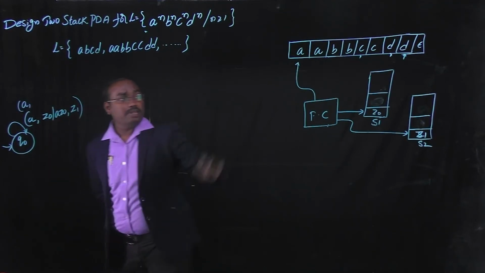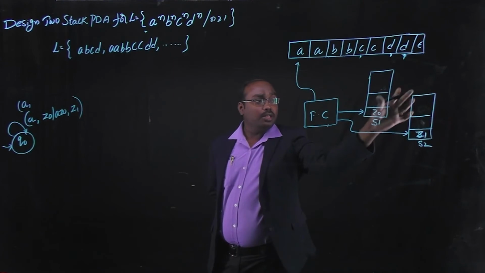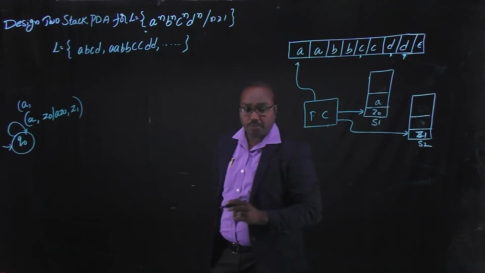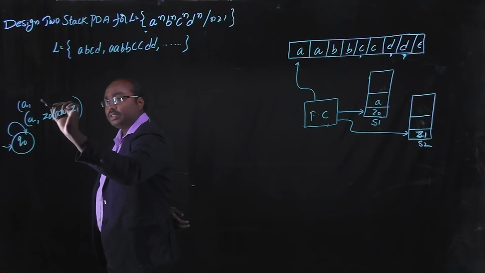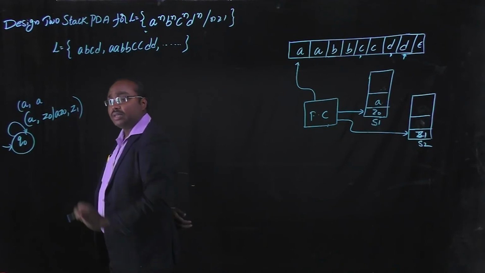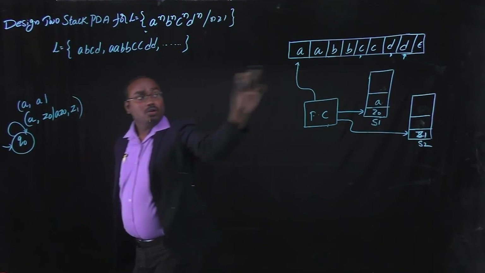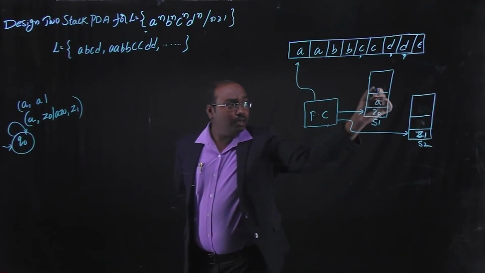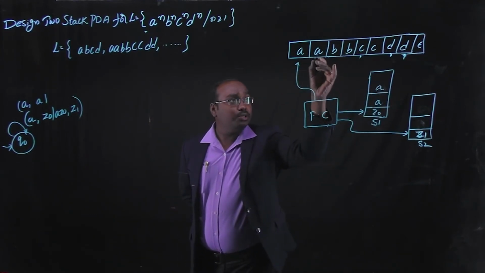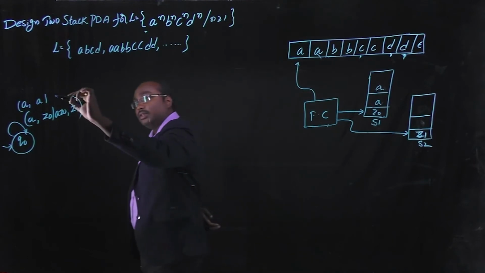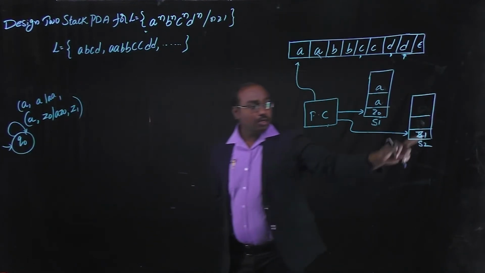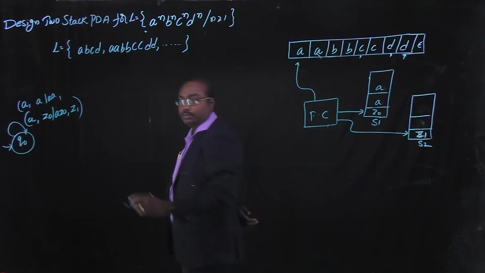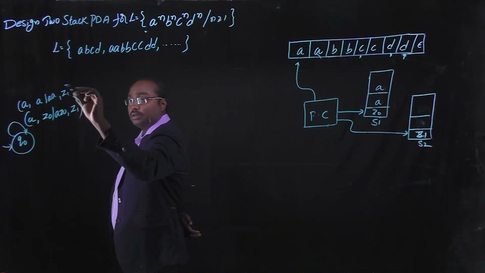Next, if the input symbol is A, this A is pushed onto stack 1, and the top element in stack 1 is now A. Again, we push A onto the stack. For stack 2, the top element is still Z1.